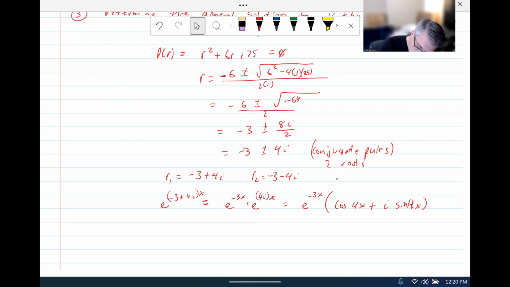And then for e to the negative 3 minus 4i, times x, that equals, distribute, e to the negative 3x times e to the minus 4xi. I should have written the other one like that too.